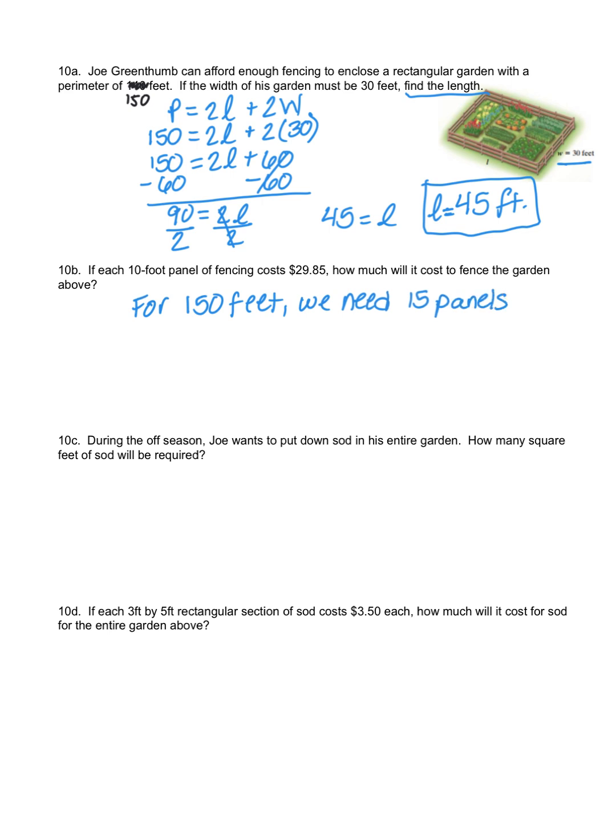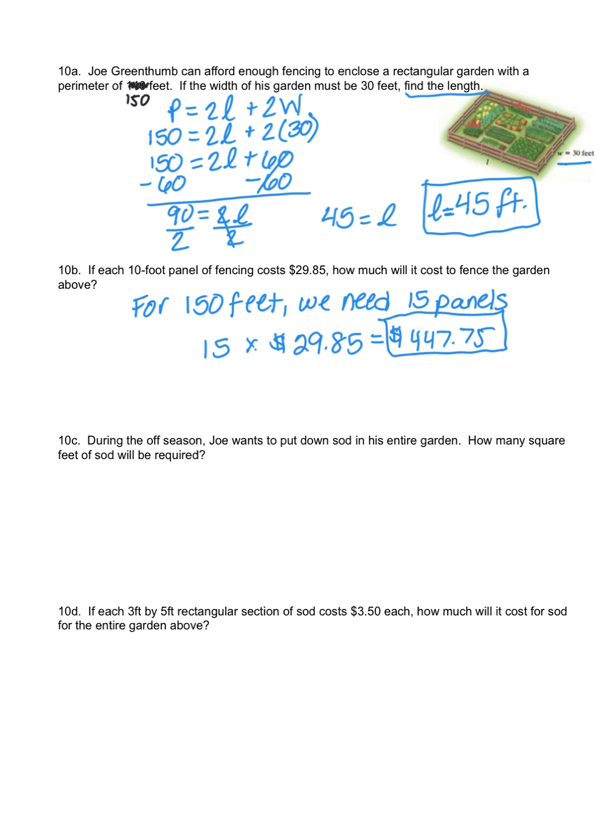Therefore, we need to do 15 times $29.85 equals $447.75. 10C.